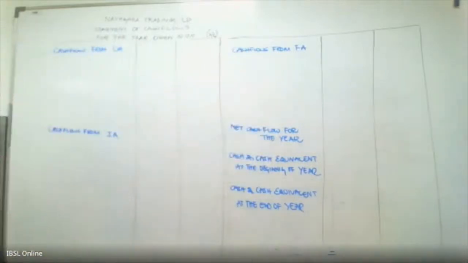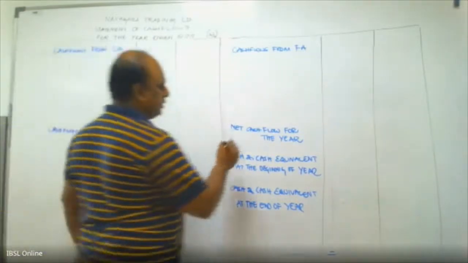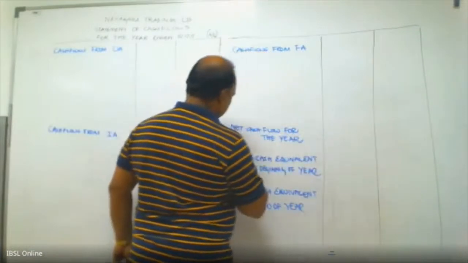So now refer to this question and pick these elements. If you refer to this question, they are not requesting you to go to the extent of the cash position. They are just stopping at a level before this.